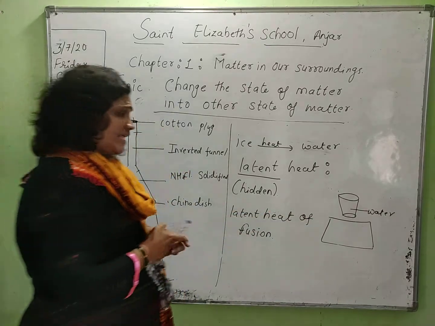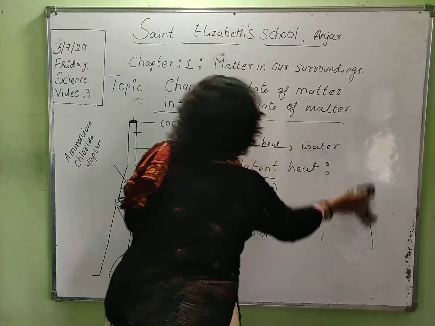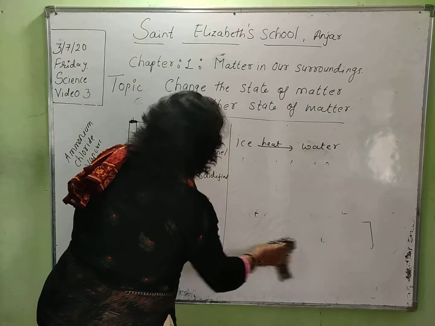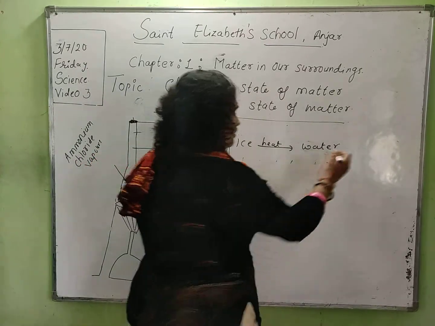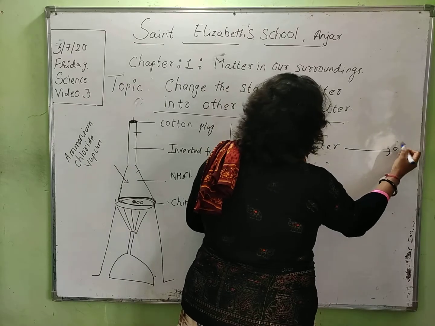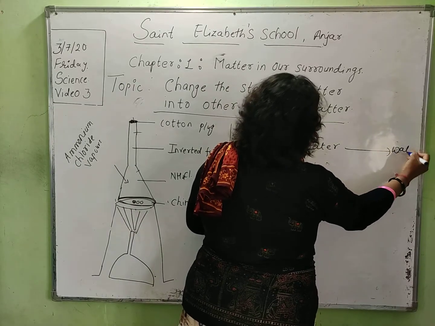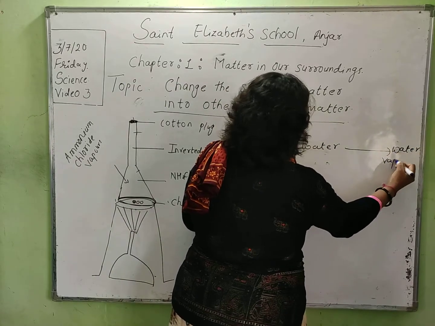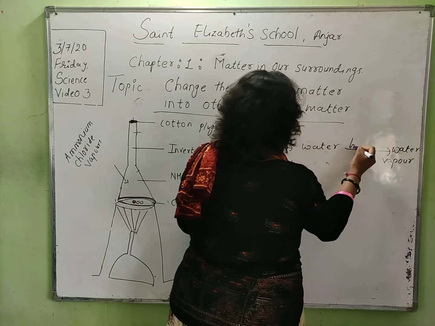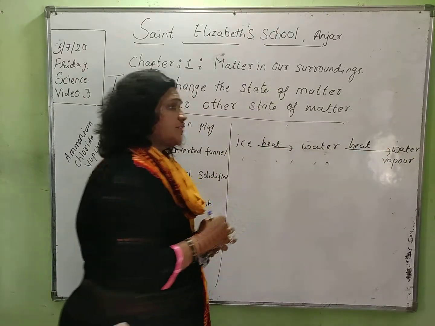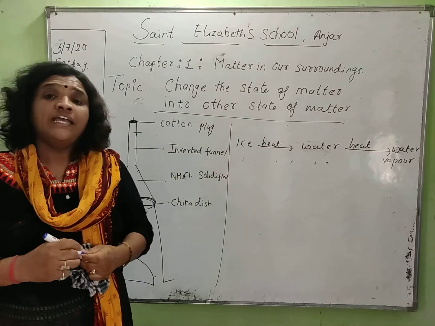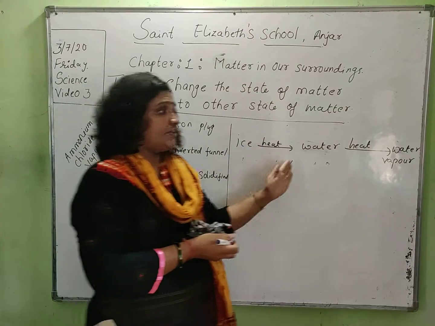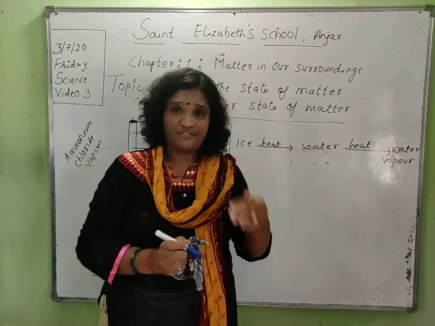Same way, you know that when you give temperature to convert water into water vapor, at that time also you provide heat. Here also the temperature will not increase till it converts into water vapor. Why?